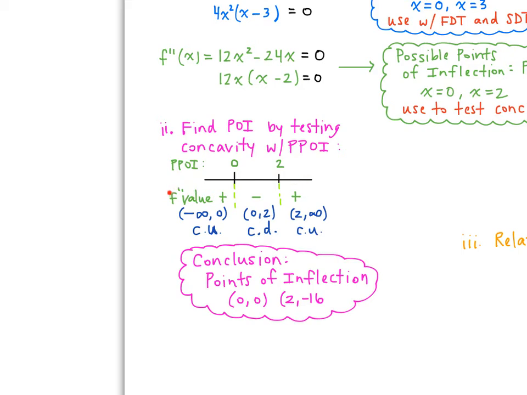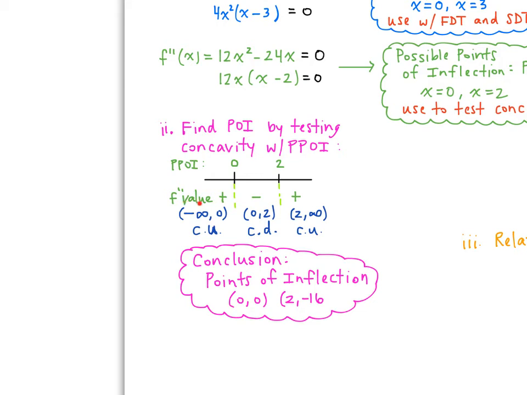If f double prime is positive, we are concave up, and if it's negative, we're concave down. Remember, points of inflection occur when f double prime changes sign, from concave up to concave down or vice versa.